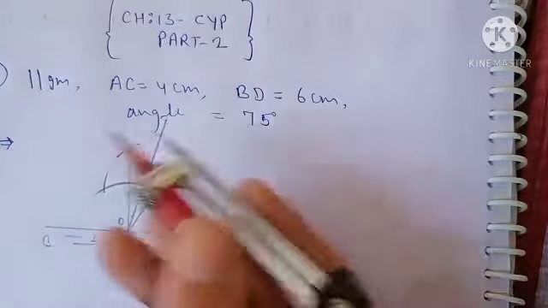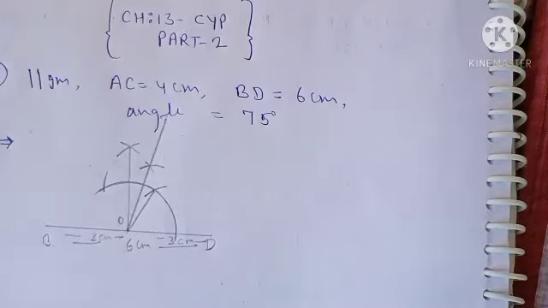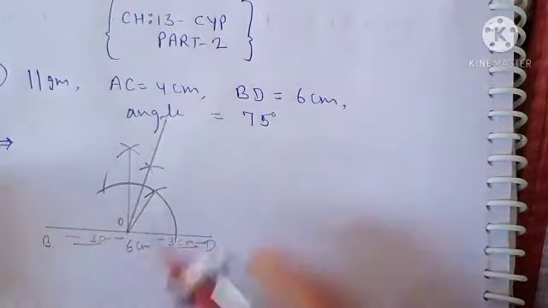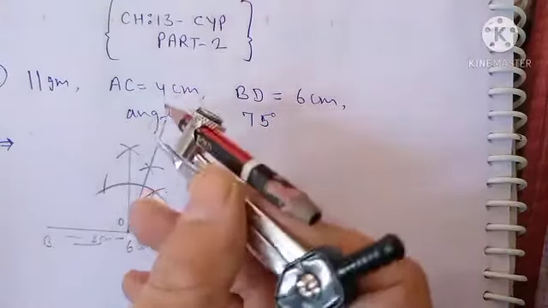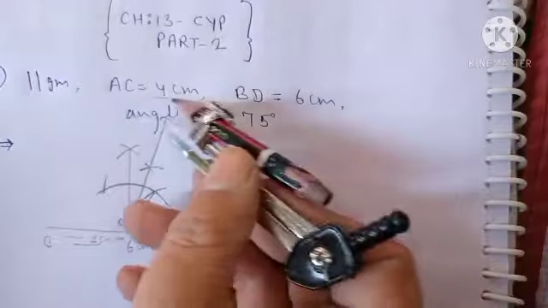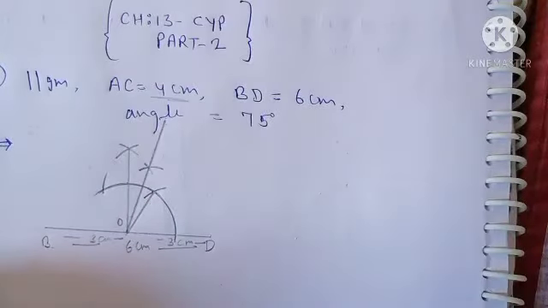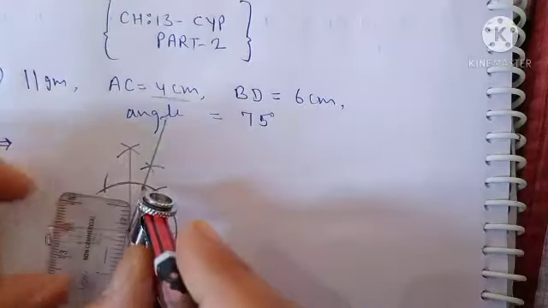So AC is also a diagonal. So what we have to do, we have to take half of AC. It means AO. Half of 4 centimeter will be 2 centimeter. So we will cut off OA at 2 centimeter.